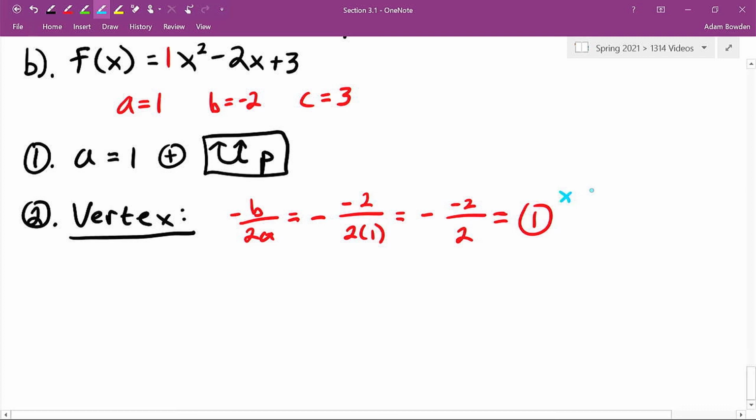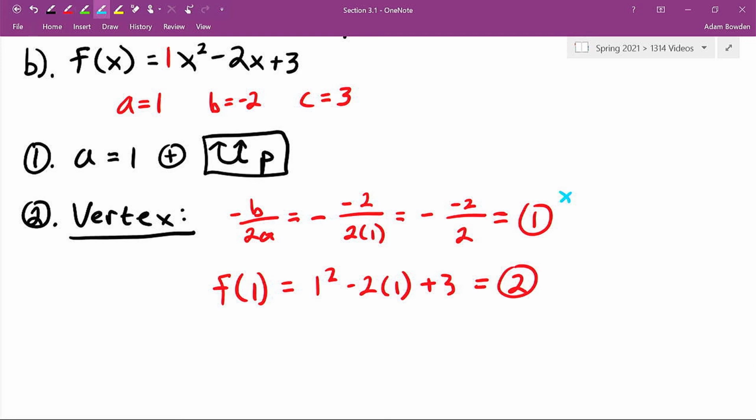And that's the x part of our vertex coordinate. We have to plug that into the function to get the rest of the vertex. So it would look like 1 squared minus 2 times 1 plus 3, and that would equal positive 2. So our vertex would be the coordinate (1, 2).